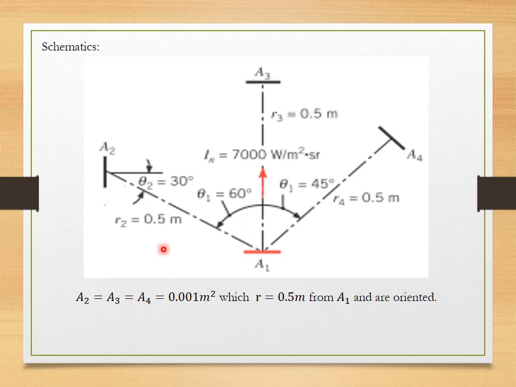The thing you need to know is that we need to ensure all these areas face normal to A1. A3 is directly facing A1, A4 also directly facing A1, but for A2, we need to do some adjustment to ensure that it turns normal to A1.